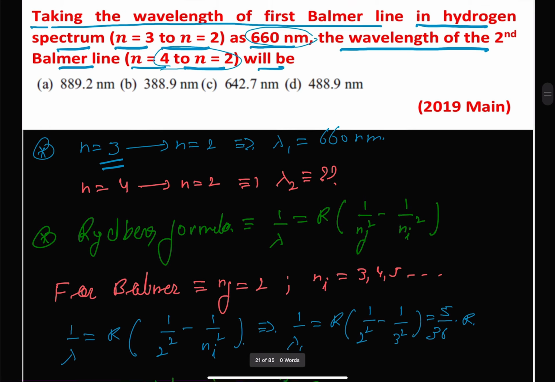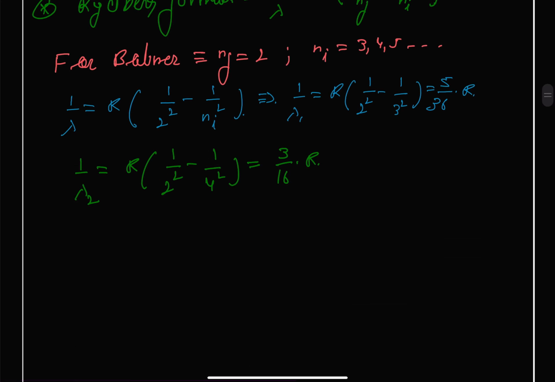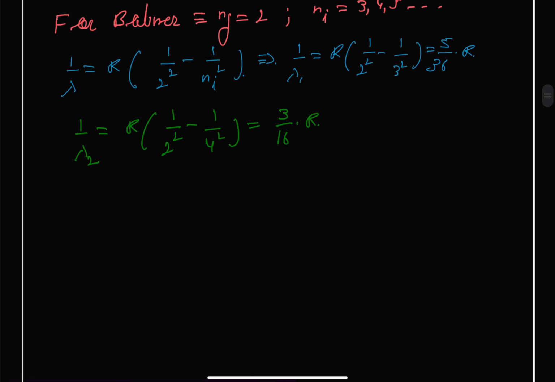And we have to find out lambda 2, or simply we can take the ratio, because lambda 1 we already know. Therefore we can say that lambda 2 upon lambda 1 will be equal to 1 upon 3R upon 16, and lambda 1 will be equal to 1 upon 5R upon 36.